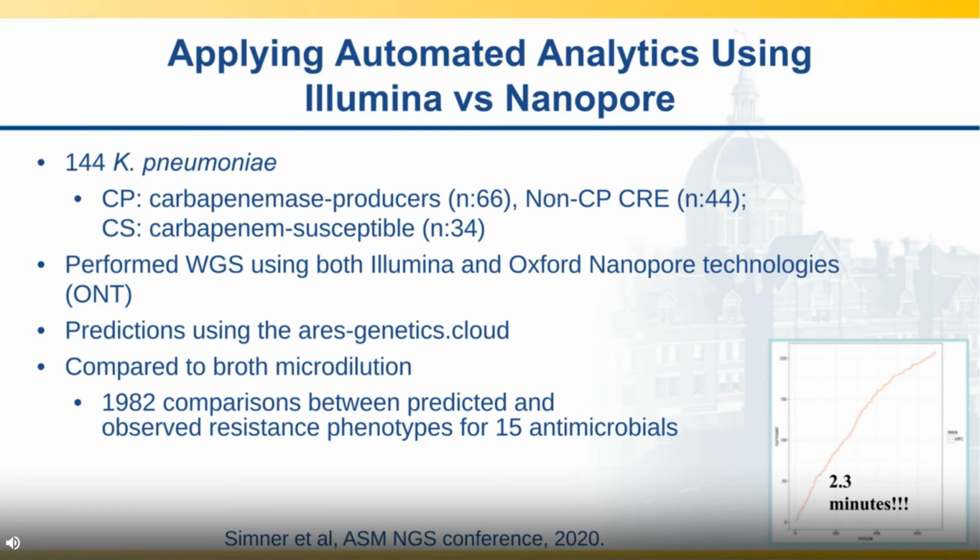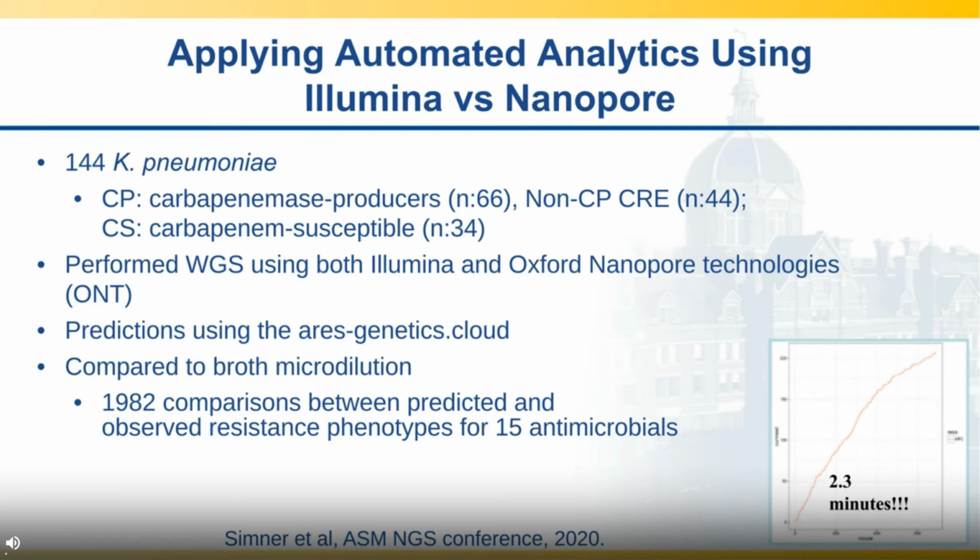So what we did in collaboration with Aries Genetics is took 144 of our Klebsiella pneumoniae, including carbapenemase and non-carbapenemase producing, as well as carbapenem susceptible isolates. And as you recall, in my research lab, we do that hybrid assembly.